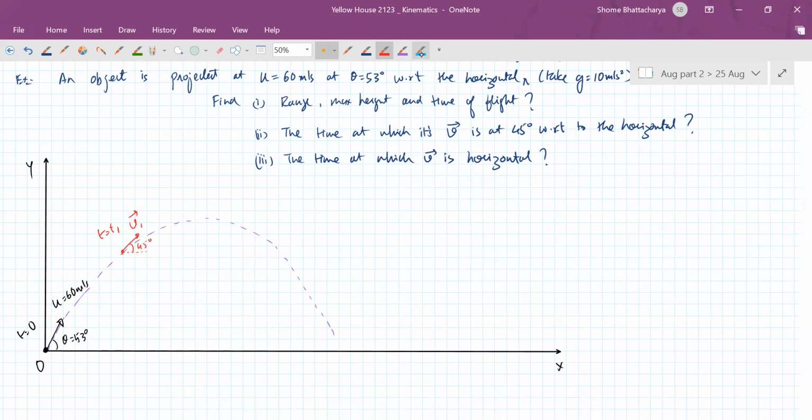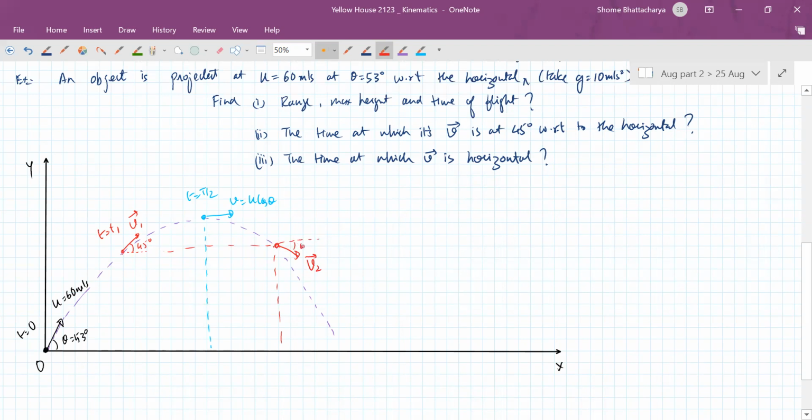Then of course it will reach the highest point where the velocity will become horizontal. And then again on its way down, at some symmetrical point, it will have a velocity v2.